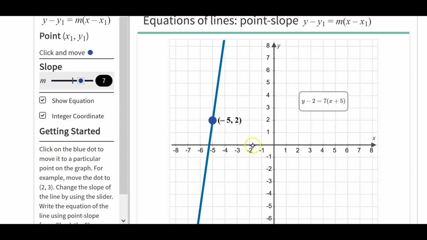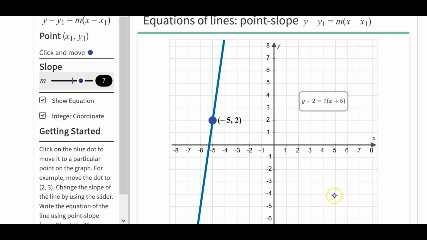-6, -5. -6 and down 1, 2, 3, 4, 5. That looks like bingo. Looks like it hits it right there. -6, -5 seems to be right on the line. And how about the last choice, 5, -4?